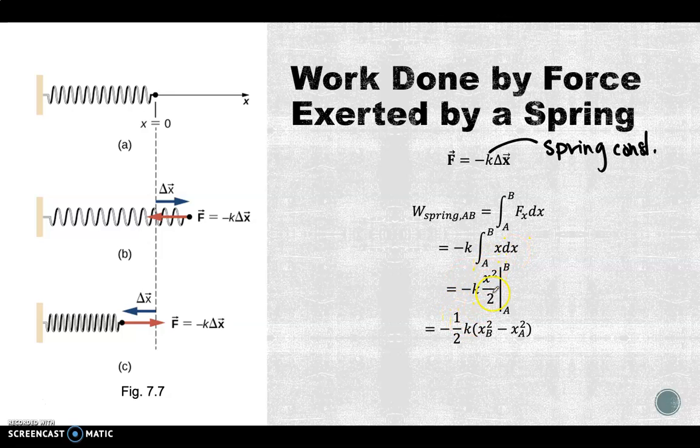Solving for that, we eventually get that the work done by a spring is equal to 1/2 k times x_b squared minus x_a squared. This is our formula.